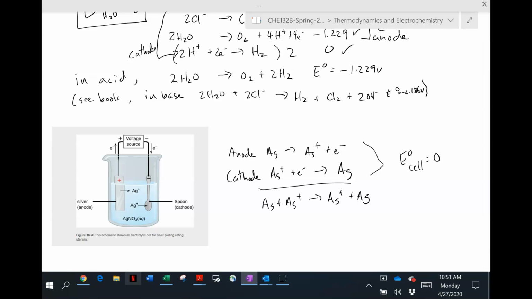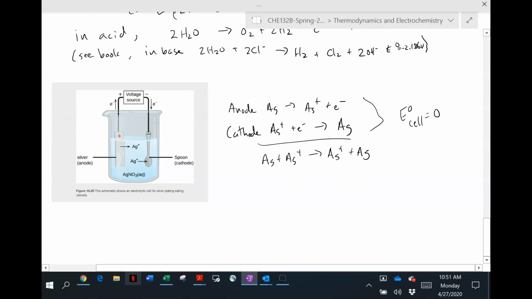And the question that you might see is, if you run this reaction for a period of time at a certain current, how many grams of silver might be plated?